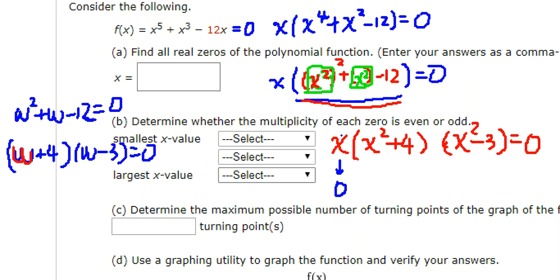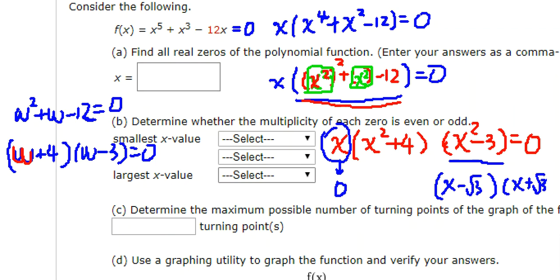But I know for sure x can be 0. This is one solution. And now look at this guy. X squared minus 3 can be continued to be factored as x minus square root of 3 times x plus square root of 3. Okay, this can be continued to factor as that. So with that, I believe that at this point you probably can tell that the first 0 is my 0.